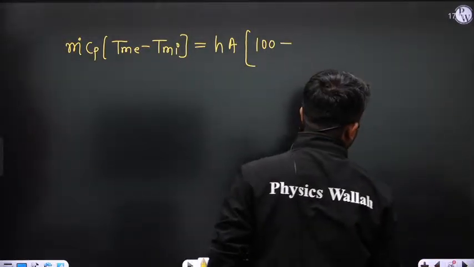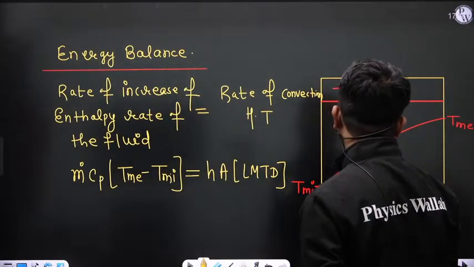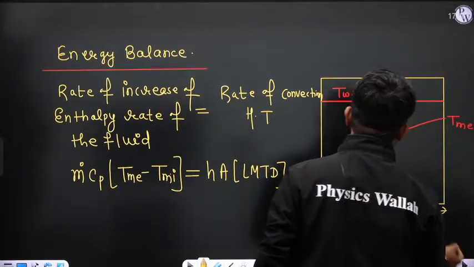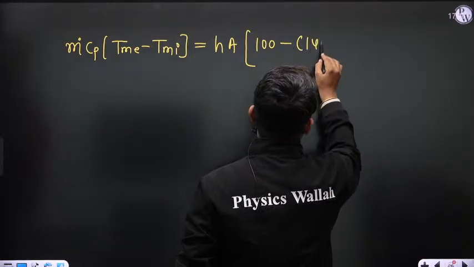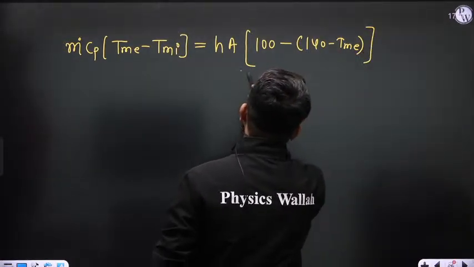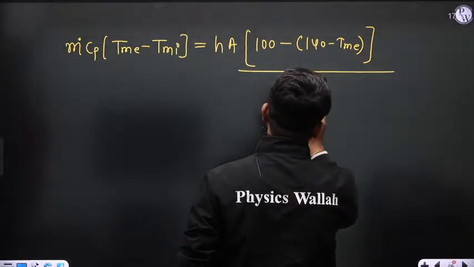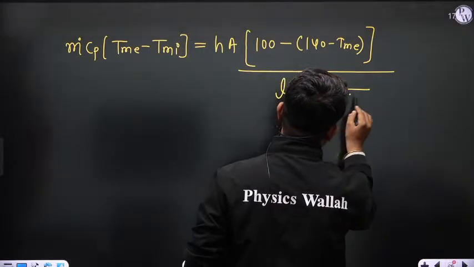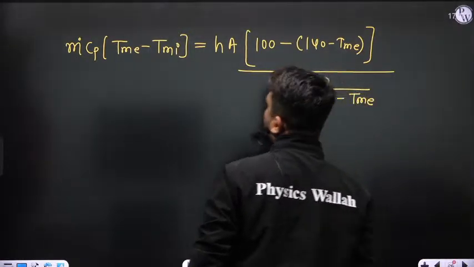And theta 2 is 140 minus TME. So basically LMTD is theta 1 minus theta 2 divided by natural log of theta 1 by theta 2, with theta 2 being 140 minus TME.